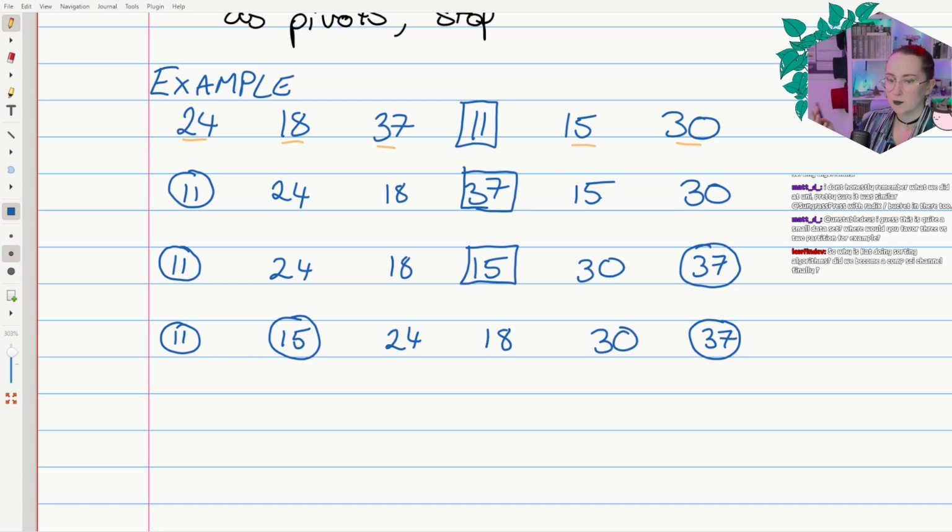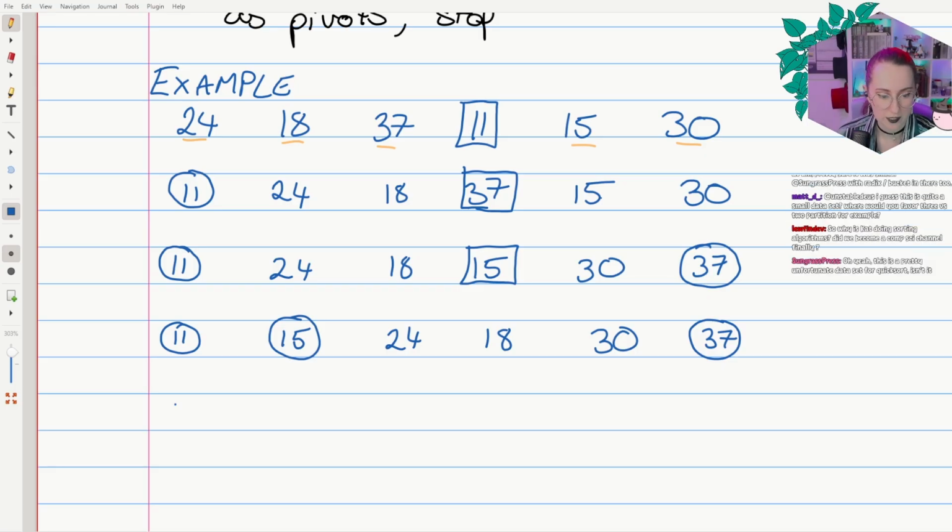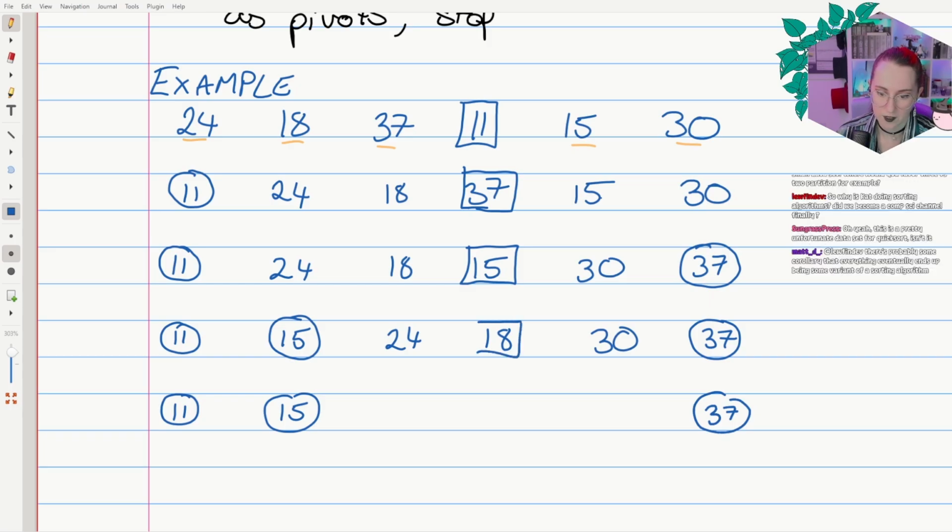This one was actually a terrible example because normally there's multiple sublists that you need to sort through for a given line. So we'll do a more complicated example in a minute. So we write down our old pivots. The pivot here is 18. 18 is the smallest value again. There are no things smaller. We have 24.